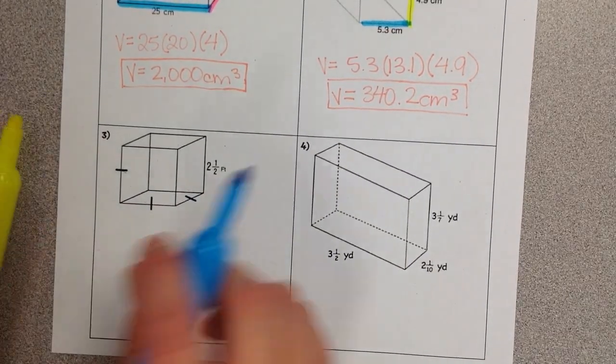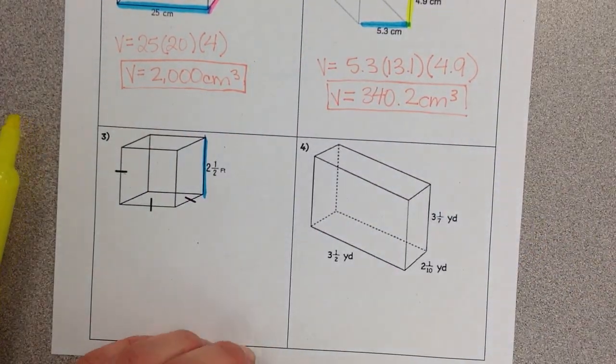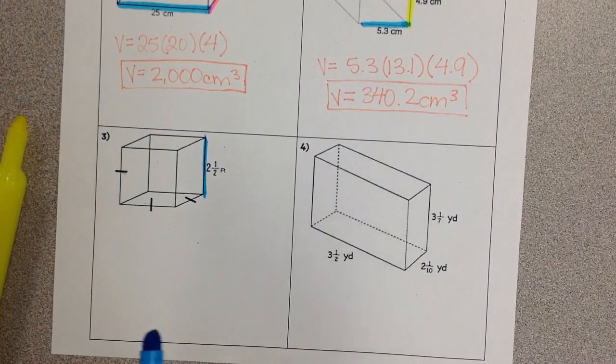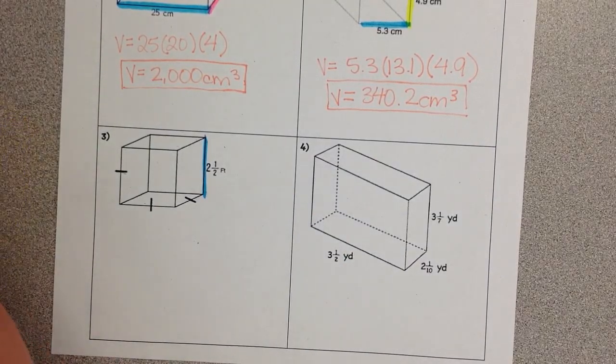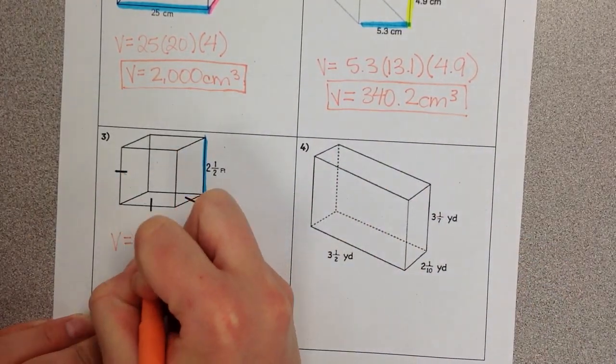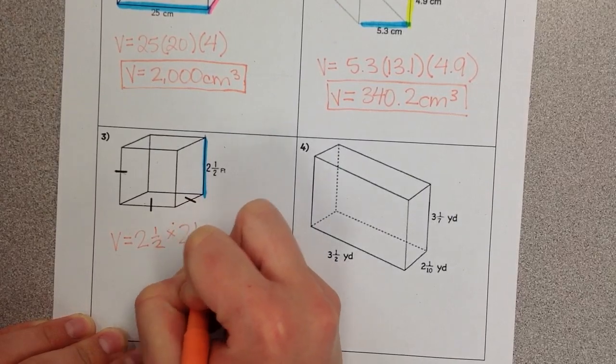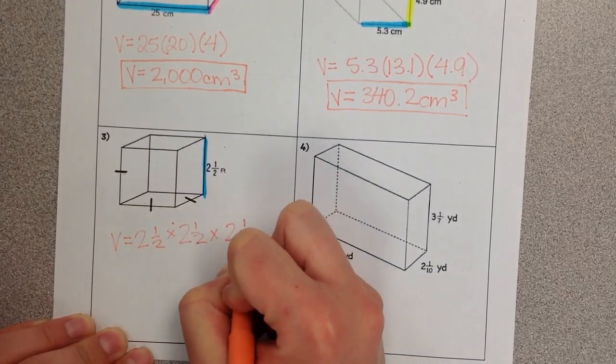So I'm actually going to go ahead and just highlight right here, and then I'm going to know that I'm going to be multiplying 2 1/2 times 2 1/2 times 2 1/2. So I'm going to start by showing that volume equals 2 1/2 times 2 1/2 times 2 1/2.